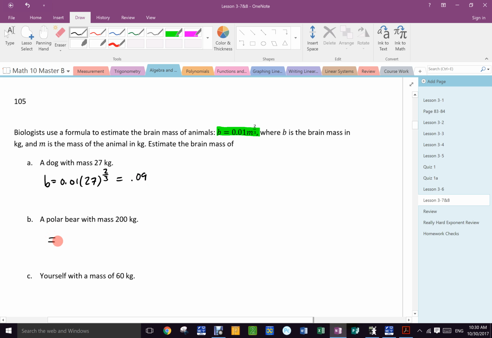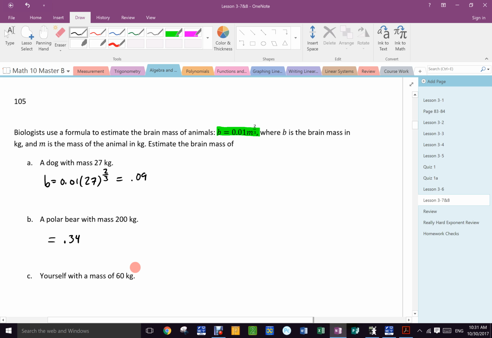So what's the polar bear going to be? What do we got? 0.34, just fine.